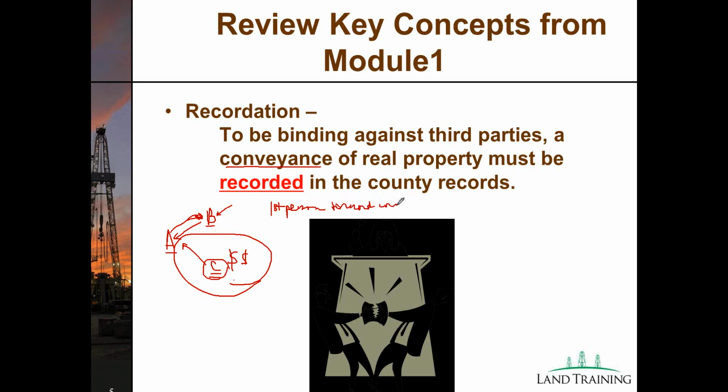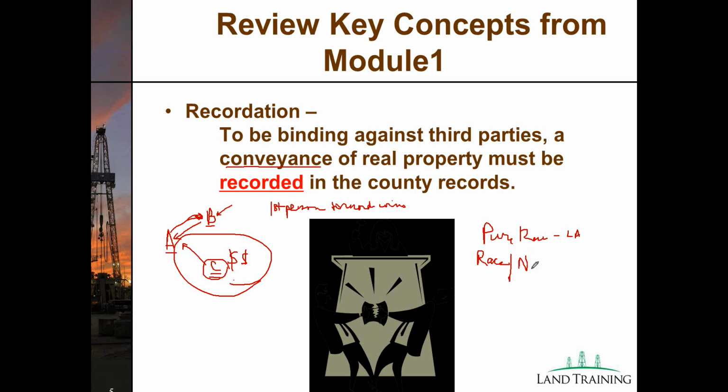Okay, that is what is called a pure race state. Whoever gets there first is the owner of the property. Now there are other states, and Louisiana is a state like this. Now there are other states that are called race notice states.